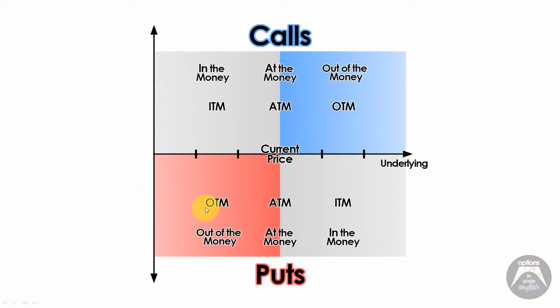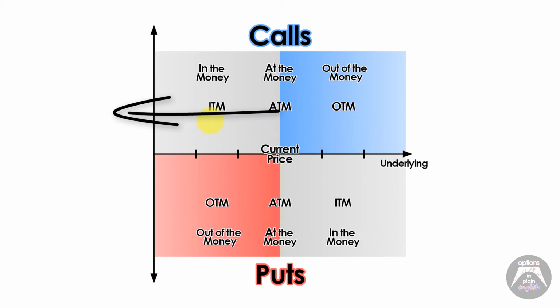The opposite is in the money. So for calls, an in the money call would be a call where the strike price is lower than the at the money, so lower than the current price, so that it holds at least some value. For example, if we have the $20 strike as our current price or as our at the money, then the $18 call would already have some value because you could exercise the $18 strike call, get the stock for $18, and then sell it at the current price of $20.